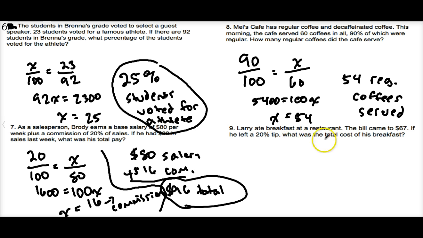Number 9, Larry ate breakfast at the restaurant. The bill came to $67. If he left a 20% tip, what's the total cost? So the 20% goes over 100. The total bill is 67. We don't know the part of the bill. The 20% we're going to add on top of it. So we're going to cross multiply.